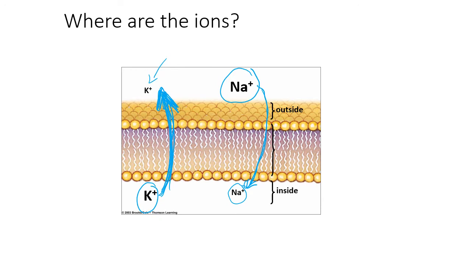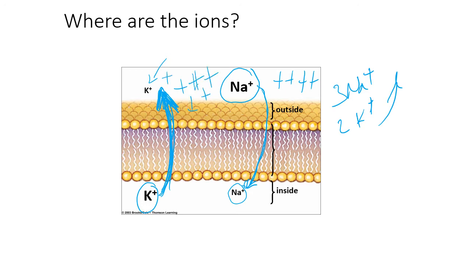And so even though we're putting 3 sodium out, 2 potassium in, with that potassium leaking out much faster, it starts to come on the outside as well. So we're getting more and more positive ions on the outside of our cell. They're starting to accumulate and build up on the outside compared to the inside.